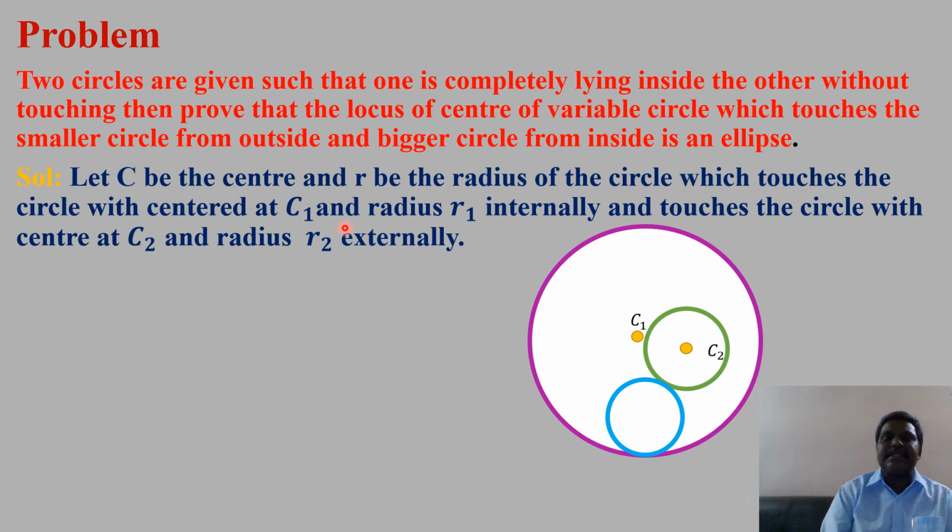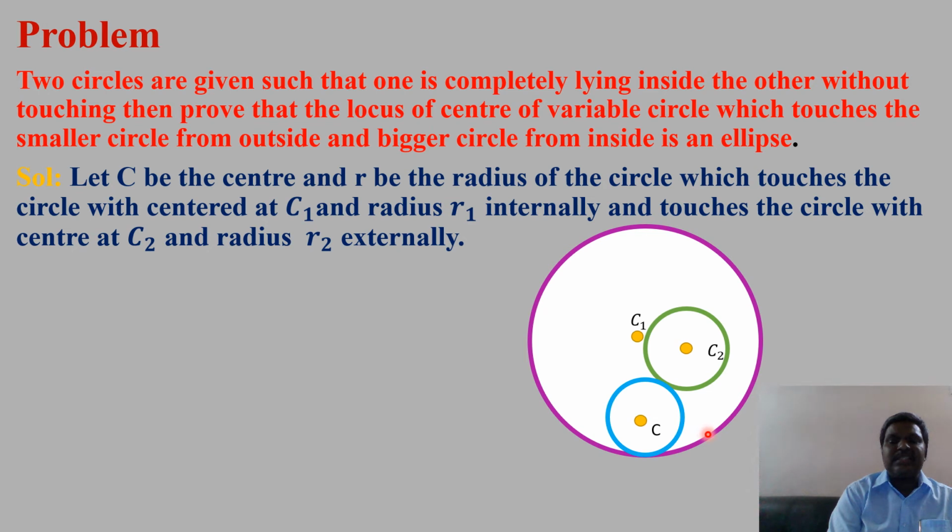This is the center of the circle. C is the center of the circle which touches the circle having center at C1 and radius R1 internally, and touches externally the circle with center at C2 and radius R2 as shown in the figure. You are going to find the locus of the center of the circle. This is the circle. It touches what?